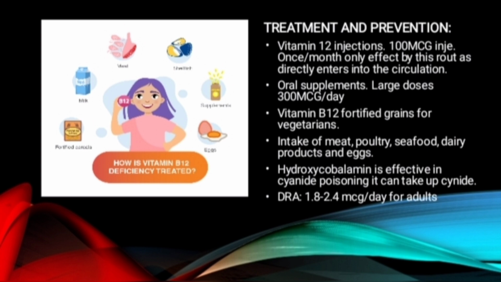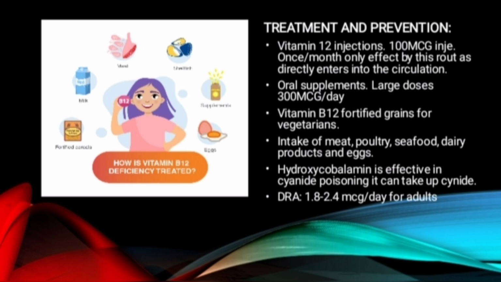And the second important thing is that the manifestation of megaloblastic anemia is rapid as compared to vitamin B12 deficiency, because vitamin B12 stores can fulfill several months' requirement in the body, while folic acid cannot be stored for a longer period of time.